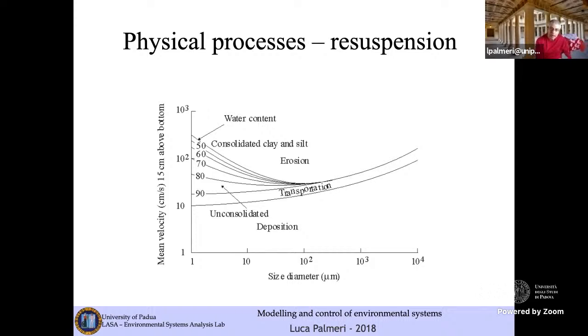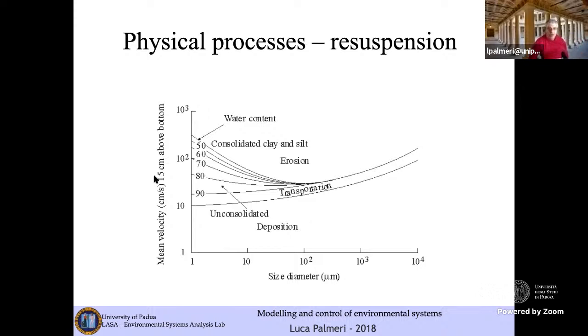So this is a way of estimating tau critical, or the effect of tau critical. So we are describing here the effect of tau critical as a consequence of the movement of the water and of the sediments at 15 centimeters above the bottom.